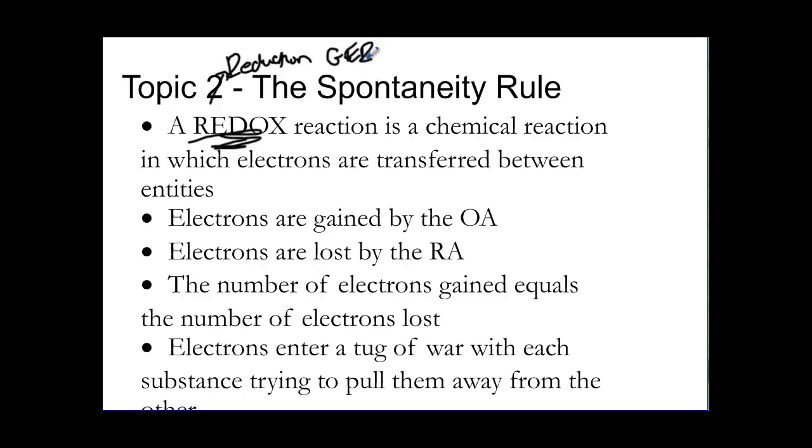If you gain electrons, you're being reduced. A really good example of a reduction equation would be, say, copper 2 plus might add 2 electrons and become copper solid. And one of the original definitions of reduction was an ore, or a compound, getting reduced down to a pure metal.